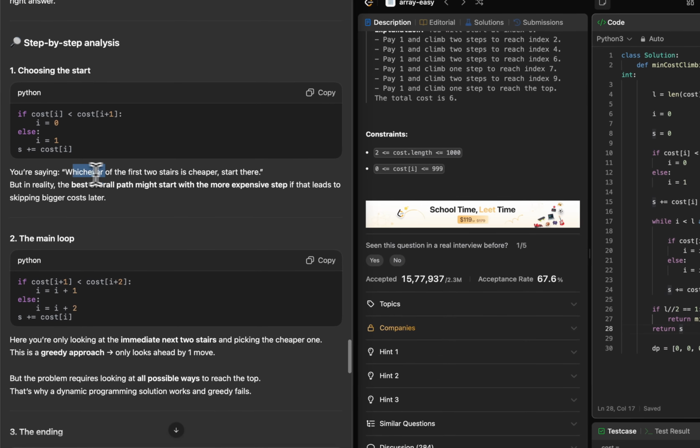Using whichever of the first two is the cheapest step, start there. Might start on the more expensive step that leads to skipping the bigger one later. Yeah, that's correct.